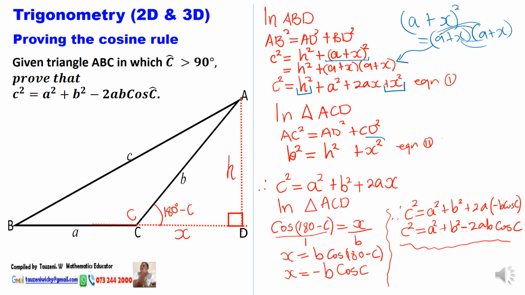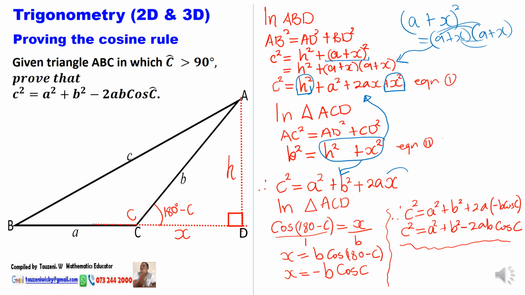So it allows you to go back to the previous equation. In the previous equation, we're going to remove h squared and x squared and replace both of them with b squared. So that's how we got the b squared in. So b squared is replacing h squared and x squared combined. Your equation now becomes c squared is equal to a squared plus b squared plus 2ax.